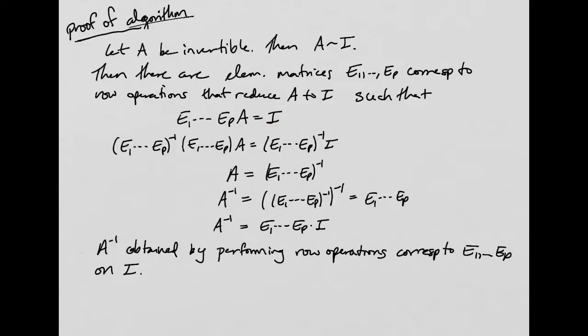In other words, if I look at this matrix, A with the identity next to it, and I row reduce this thing, I can use these same exact row operations across the board, and I'm able to turn A into the identity, and at the same time I'm able to turn the identity into A inverse. And that's our algorithm. That's all it takes. So once we had this machinery of elementary matrices, it was pretty simple to prove this algorithm.